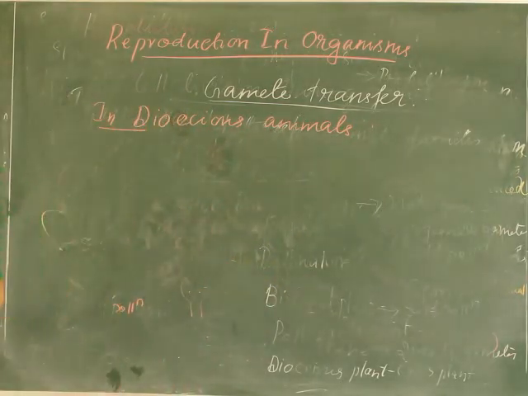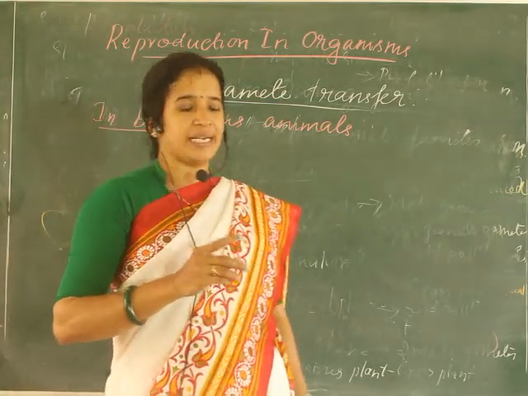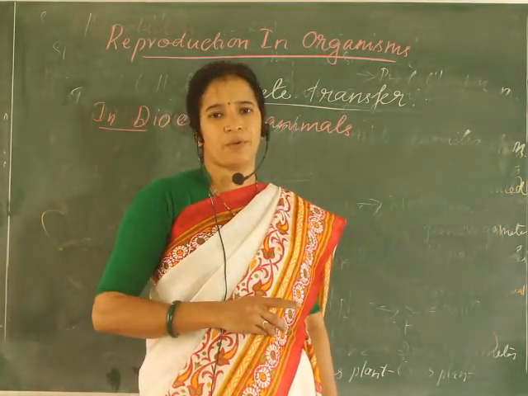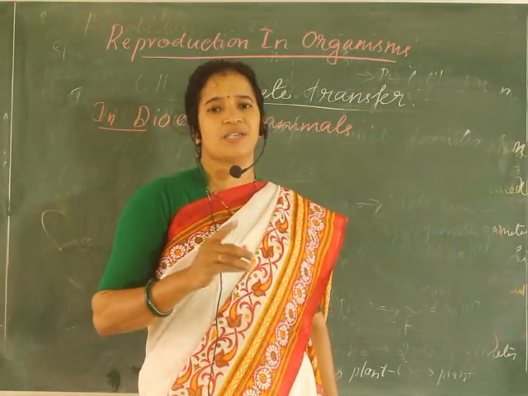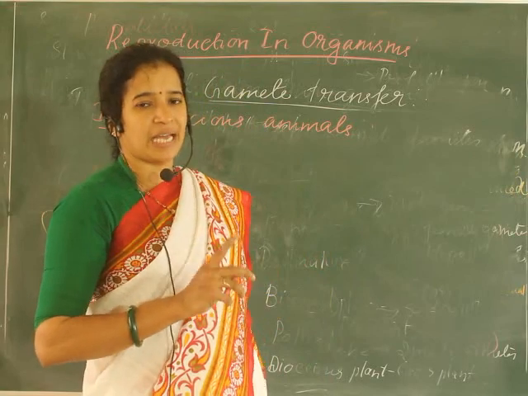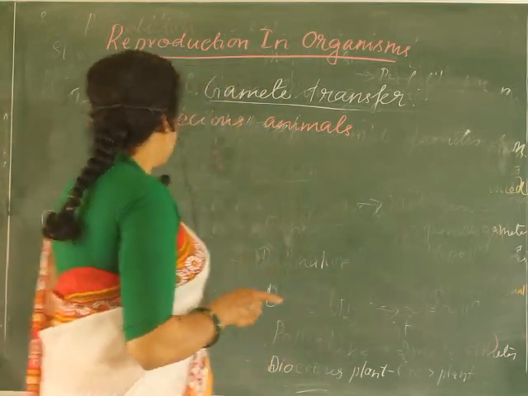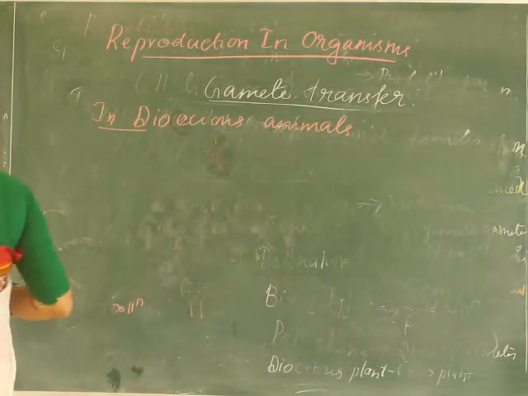In dioecious animals, they have a special mechanism for gamete transfer, and we remember this is the most critical event in the sexually reproducing organism. Success of this reproduction can be ensured only if they succeed in the gamete transfer and are able to fertilize the female gametes.